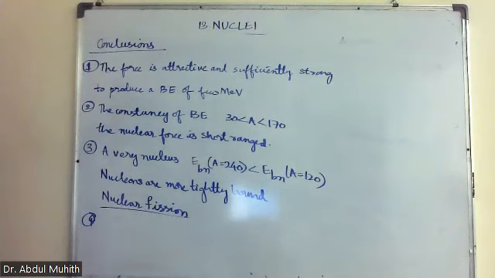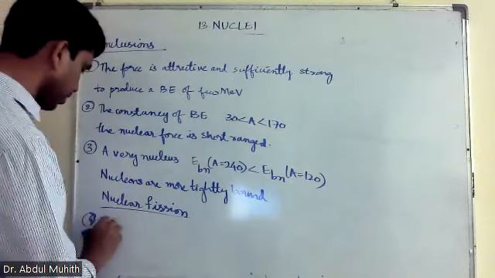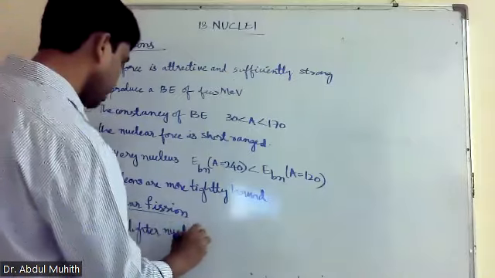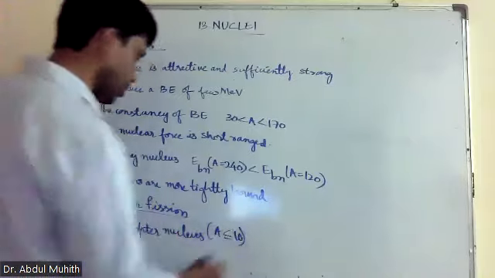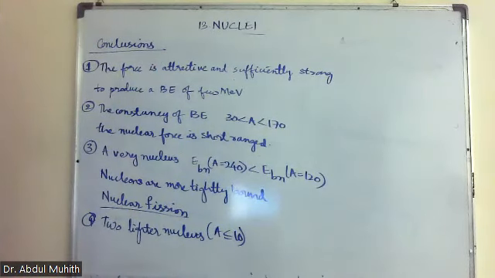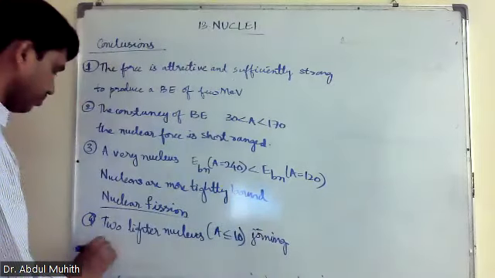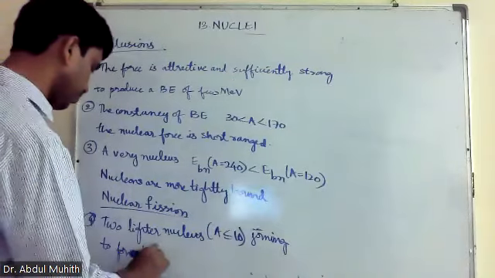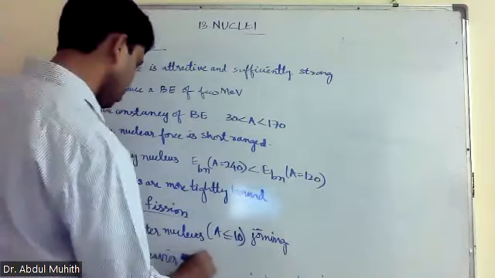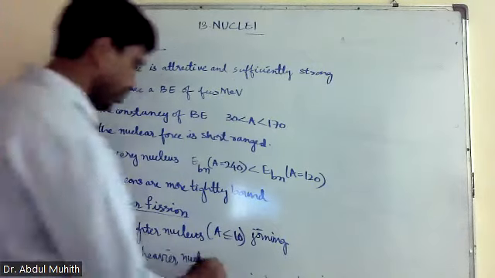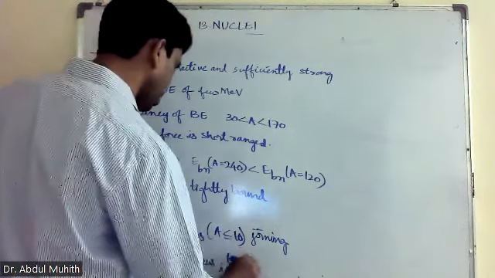Fourth point, it says that when two lighter nuclei, with A less than or equal to 10, come together, joining to form a heavier nucleus, the binding energy per nucleon will be more.